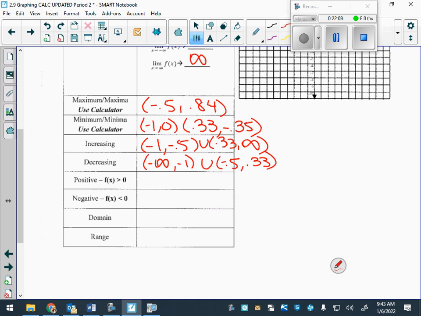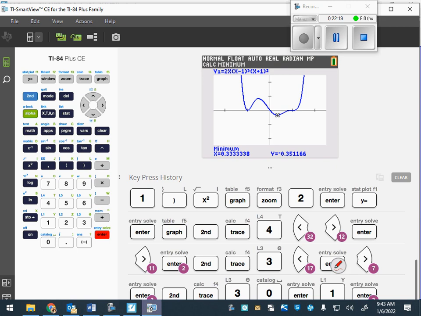Okay. So now you have to use the x-intercepts for positive and negative. If I go back to this graph, we are positive. Remember, if it touches 0, you have to break it up. So negative infinity to -1, union, -1 to 0.